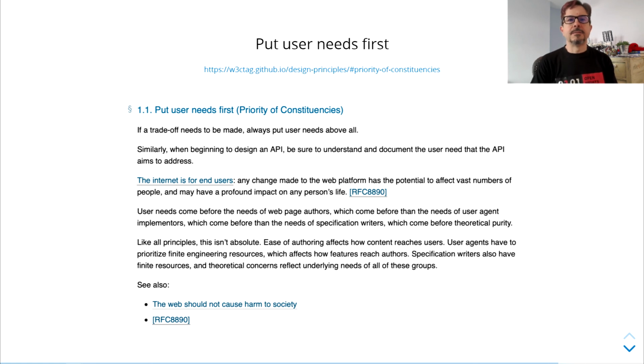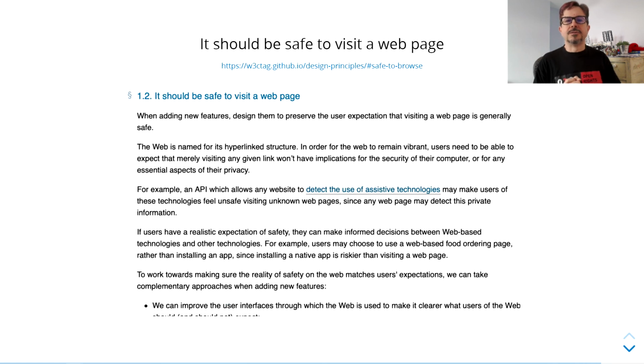The other thing that I really wanted to highlight as a general principle for the web is the safe to browse principle. So it should be safe to visit a web page. I think that's one of the things that we think about when we think about what differentiates the web from other platforms, is this safety factor.